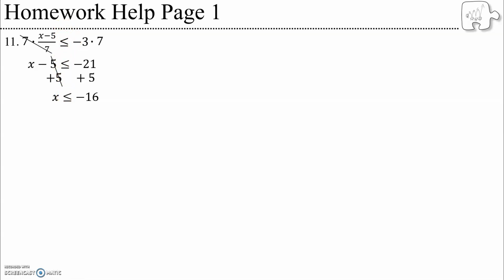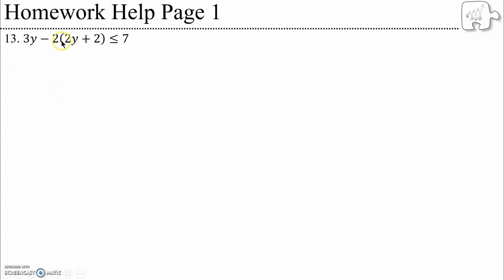So let's take a look at this next problem. Alright, so we got a lot going on here. First things first, we got to distribute. When we see a number outside parentheses, we got to get everything out of the parentheses so that we could combine stuff together.